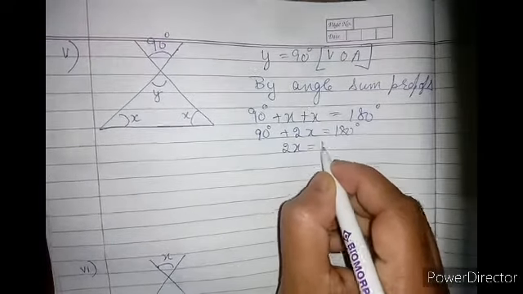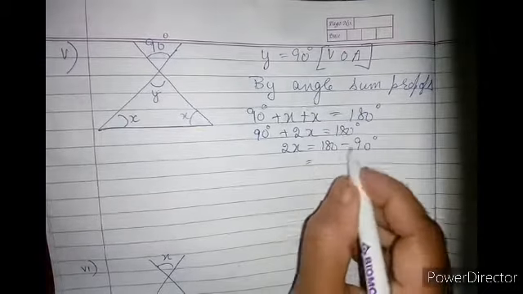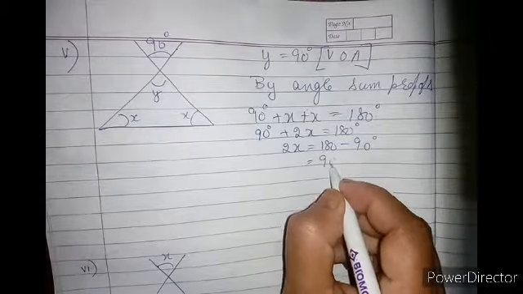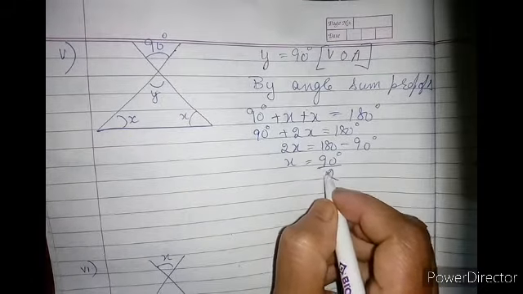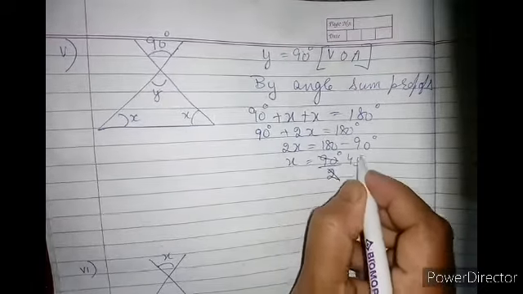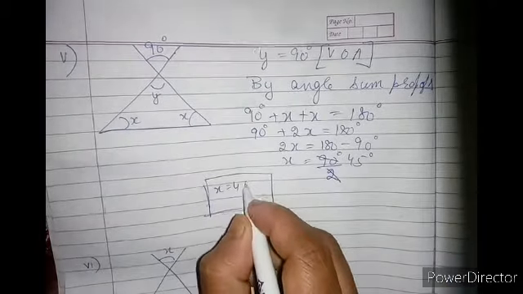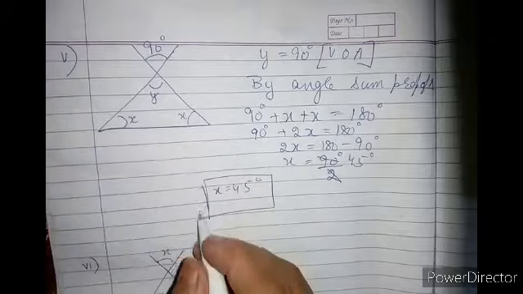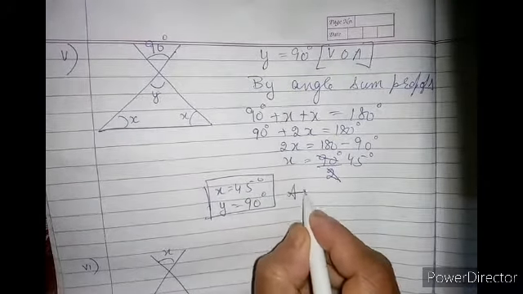So 2x is equal to 180 minus 90. When you shift 90 to this side, you get 90 degree. X is equal to 90 divided by 2, which is 45 degrees. So here we have got x is equal to 45. These two angles are equal and this y is equal to 90 degree.